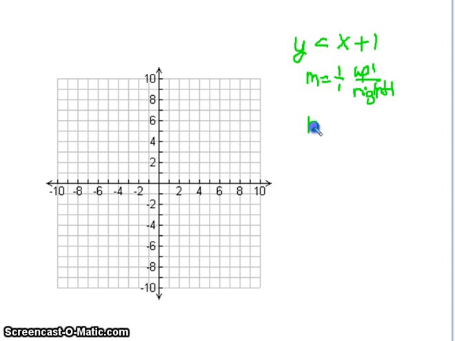We have a y-intercept of 1, so I put a point at 1. Up 1, right 1, up 1, right 1. I hope you're already seeing what kind of line it's going to be. Less than is dotted. So we're going to dot right here.